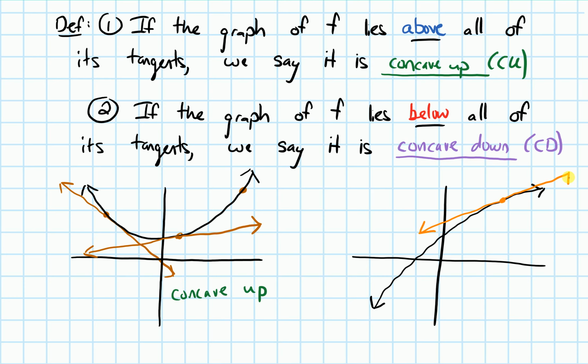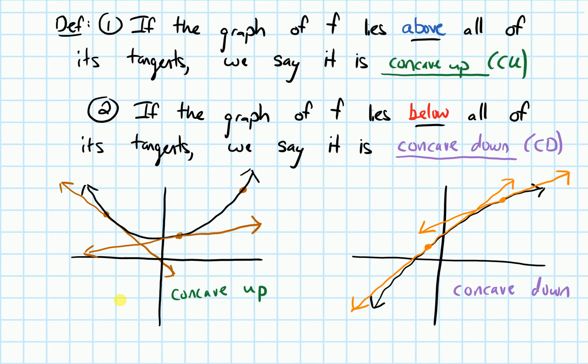All right, tangent line. And let's look at one more point. If I were to look at a point here, further down the road, and draw the tangent line, maybe that would look something like this. But in this picture, the graph of our function is lying below all of the tangent lines. So this one would be concave down. So this is an example of a concave down function.